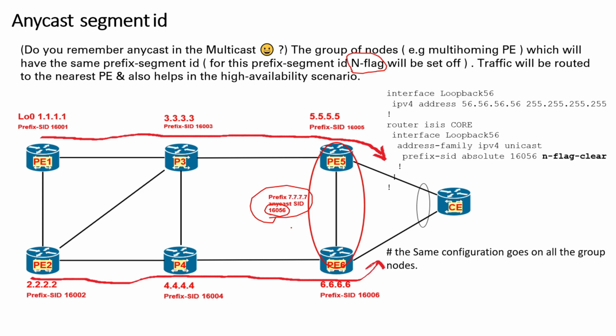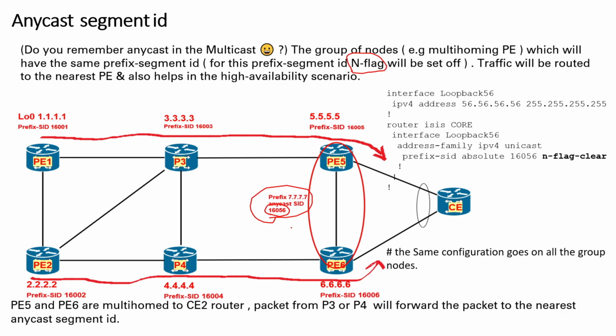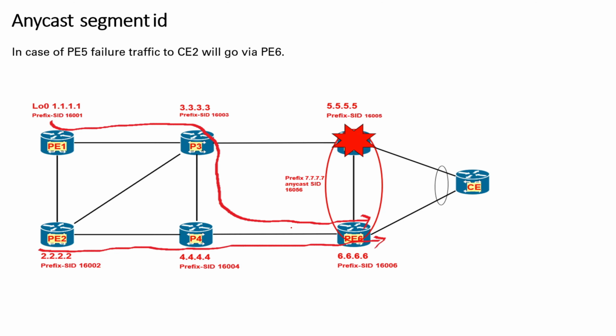But let's say PE5 is down, then based on the label value, traffic will be rerouted via PE6. So we can see here we are achieving a high availability scenario.